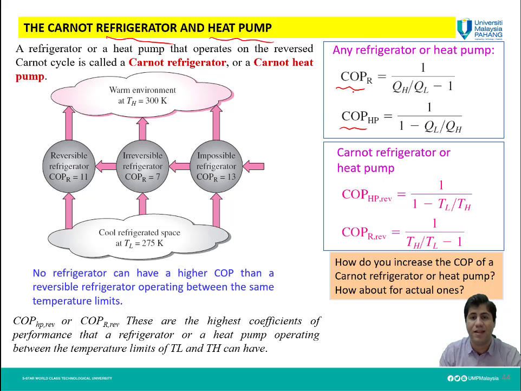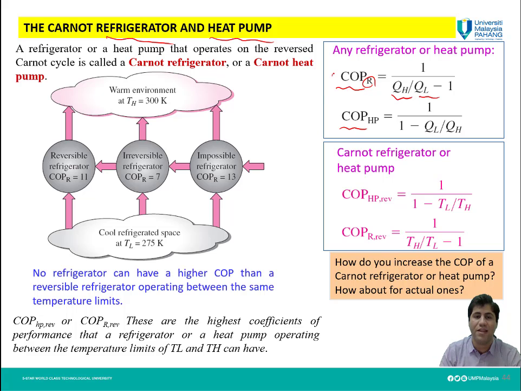If you remember, we had this equation to calculate the COP for a refrigerator, and this equation to calculate the COP for a heat pump, in which QH and QL are the amount of heat released to the heat source, QH, or heat released during each cycle to the heat sink.